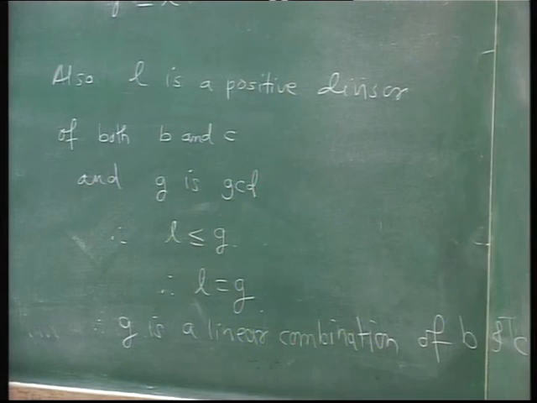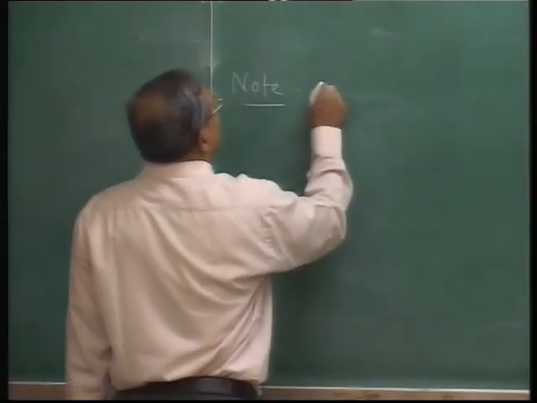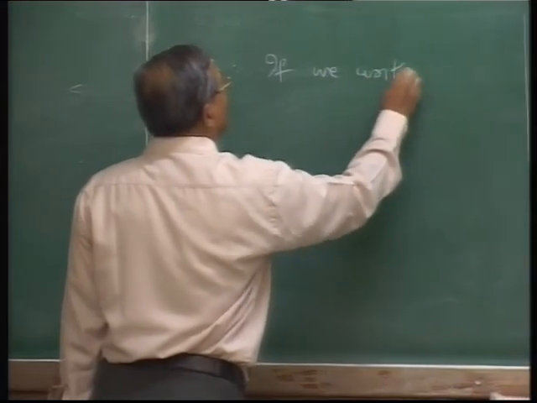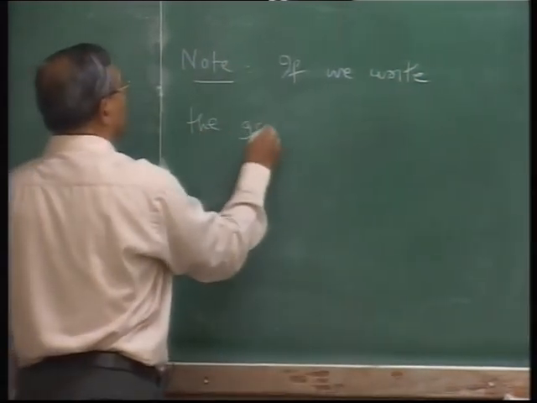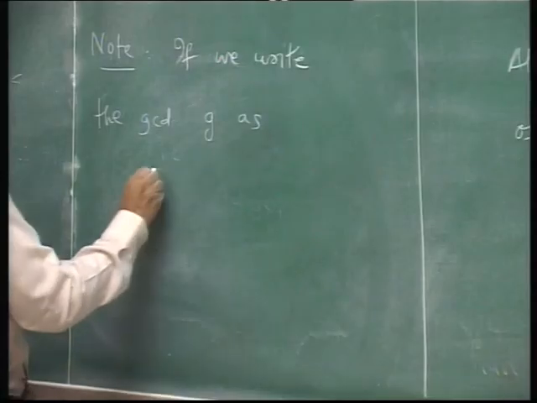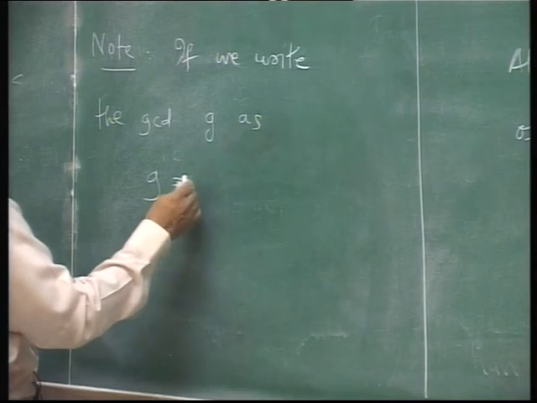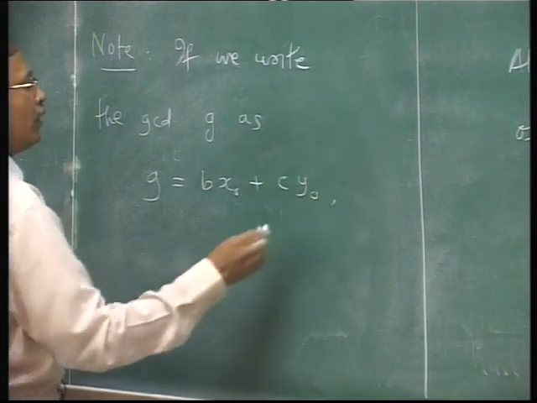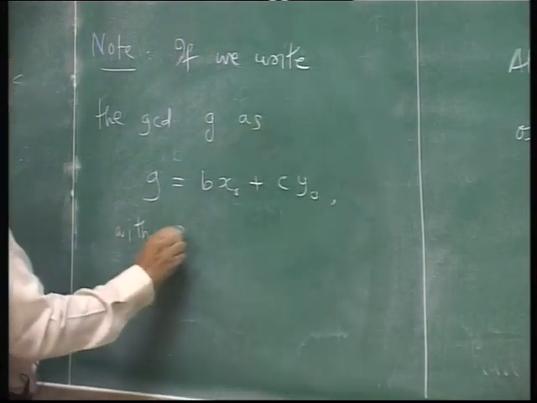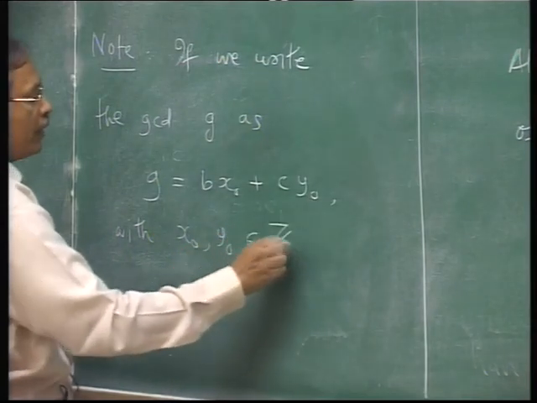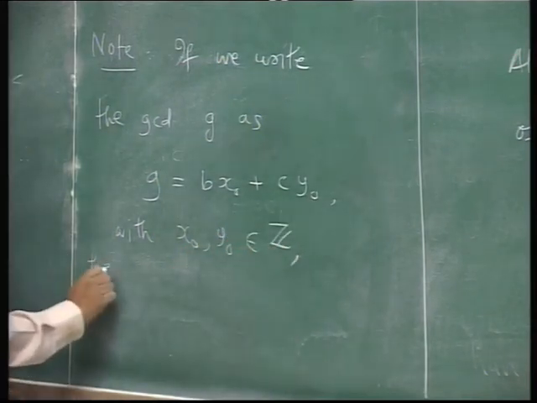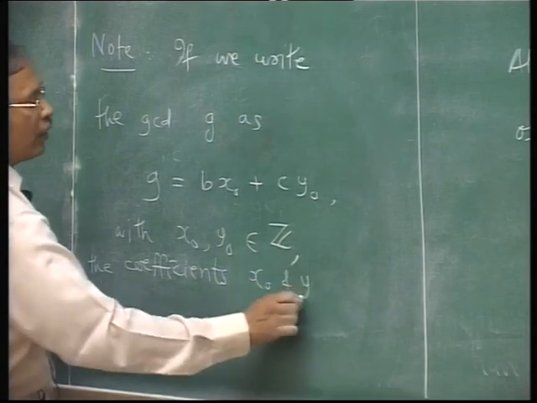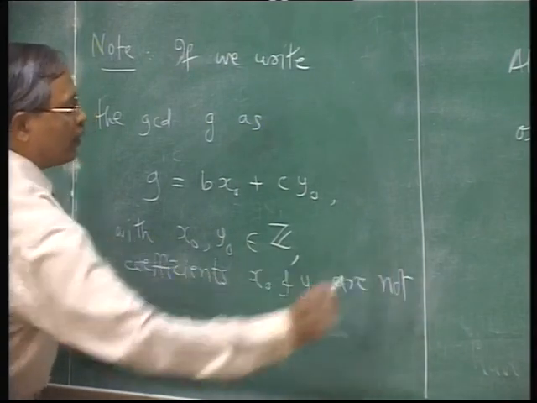So note, if we write the GCD G as G equal to, let us say, B x naught plus C y naught with x naught, y naught belonging to Z, the coefficients x naught and y naught are not uniquely determined.